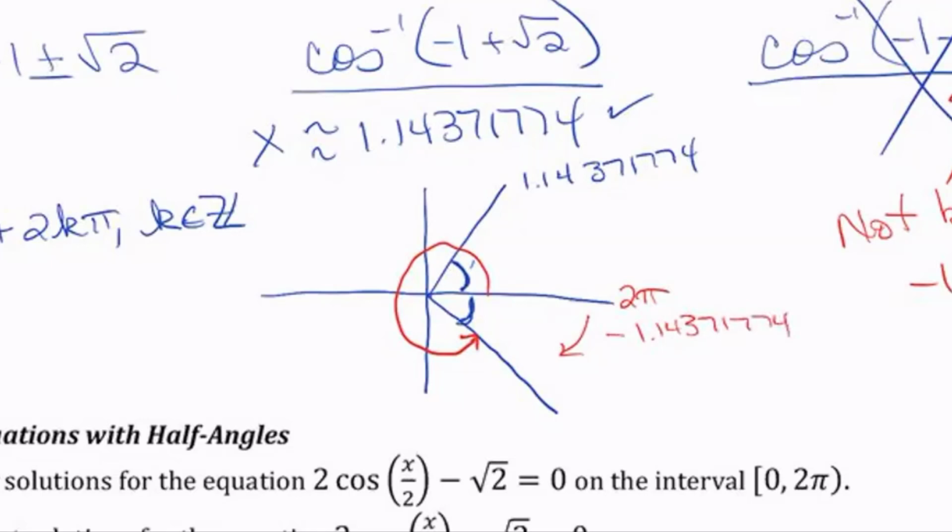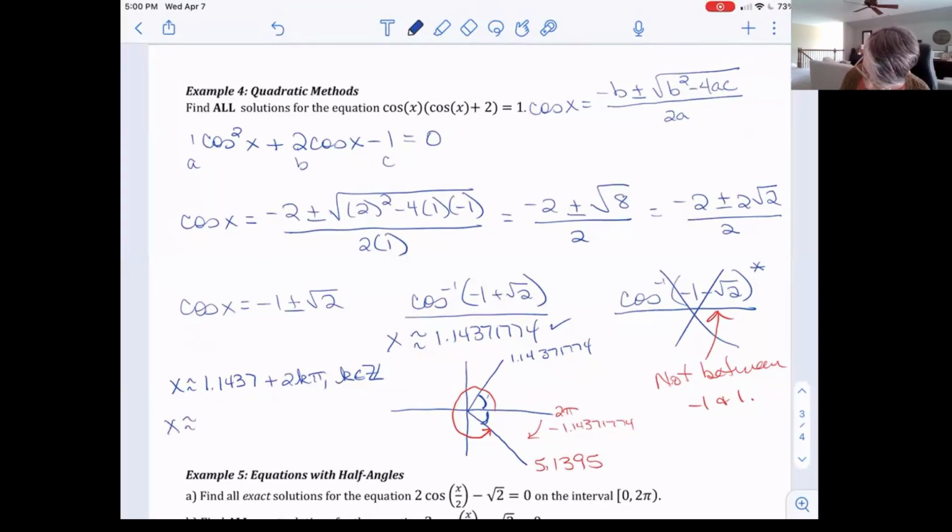If we put that in our calculator, we get approximately 5.1395. So our other x value would be 5.1395 plus 2k pi, where again, k is an integer.